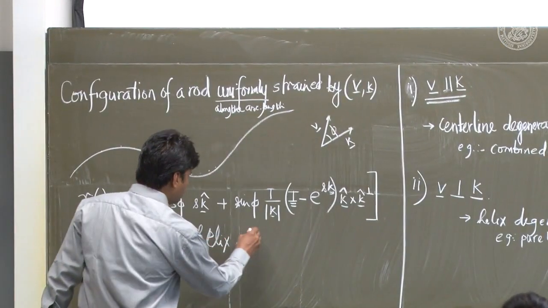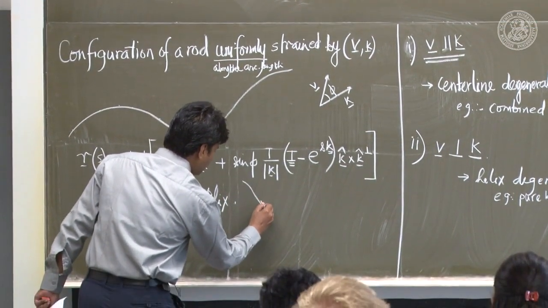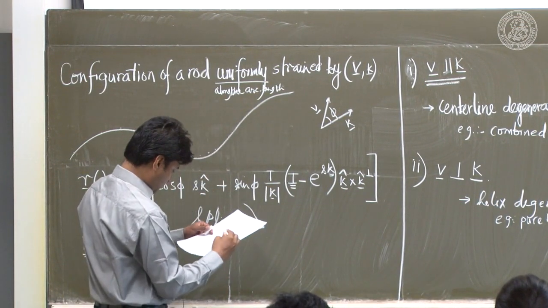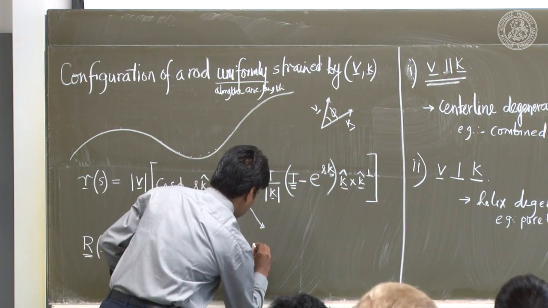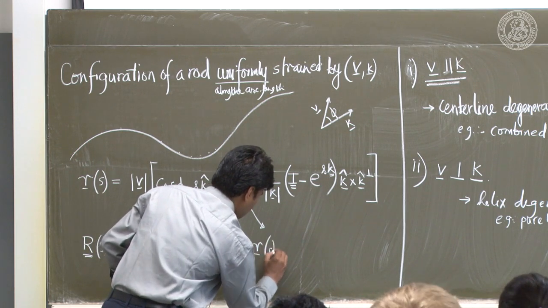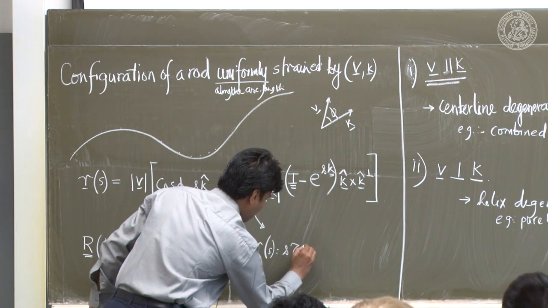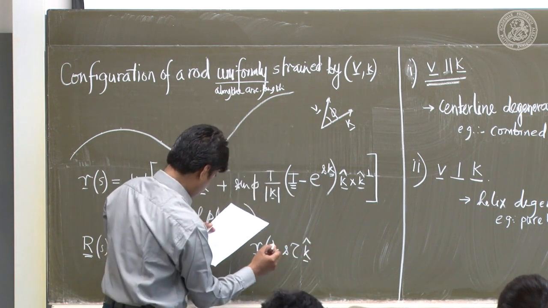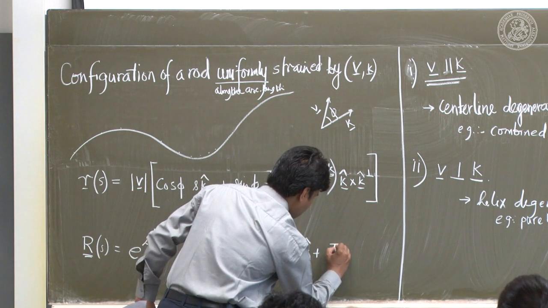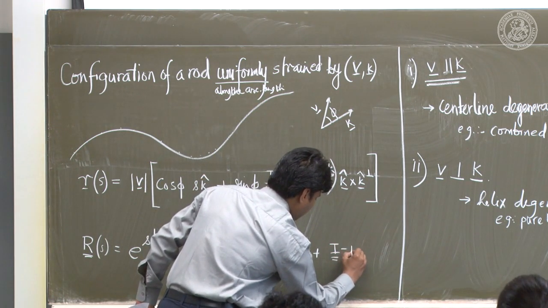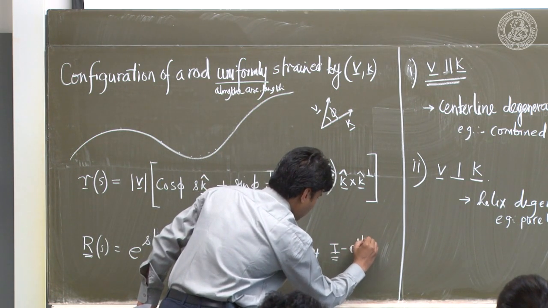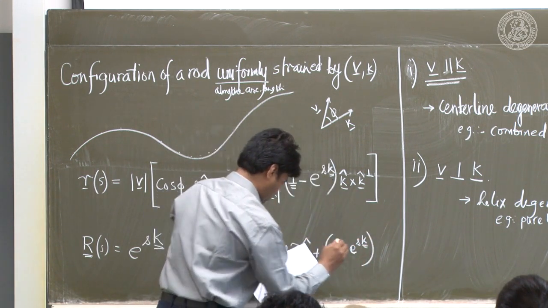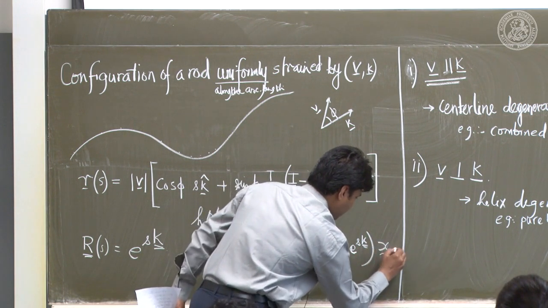And last time we also wrote down this formula slightly differently, which was, we wrote it as little r of s equal to s times tau k hat plus identity minus e to the power s k into little x f.